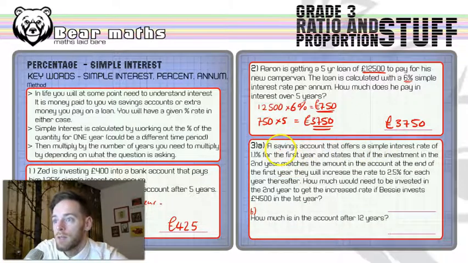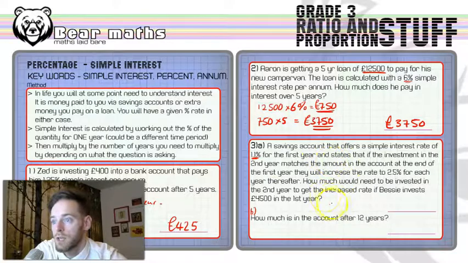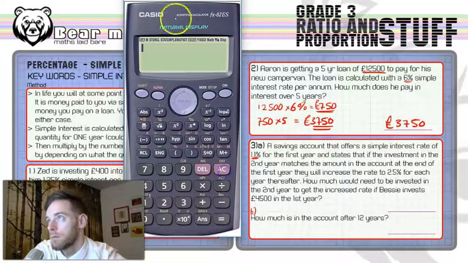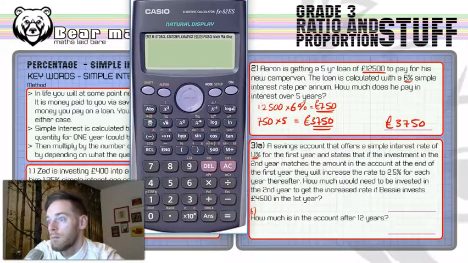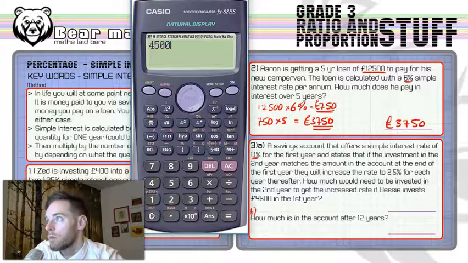So the interest rate at the moment, 1.1%. Okay, pretty decent rate of interest actually, to be fair. Right, so that's just for 1 year. Let's see what would need to be in the account after that first year. So let's get our calculator in, and again, most of these you'd be allowed calculators for these sorts of questions. So 4,500 is what Bessie's putting in. Multiply it by 1 plus 1.1.